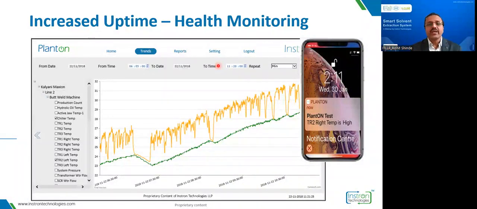This software includes health monitoring, so you can be ready for special maintenance and spare parts, which will avoid downtime and ultimately the loss of revenue. If the plant suddenly goes down, you lose your raw material, and you lose time and energy also.